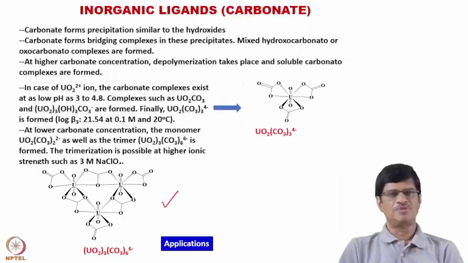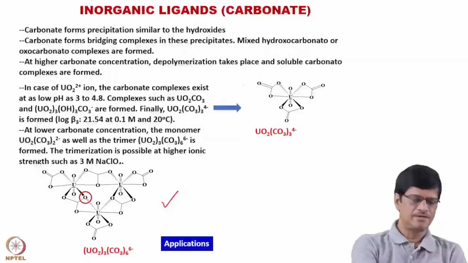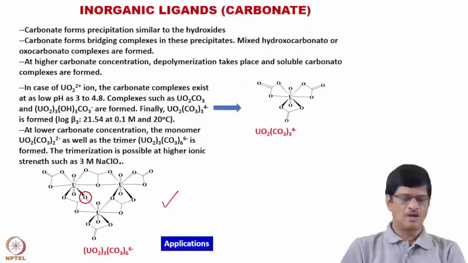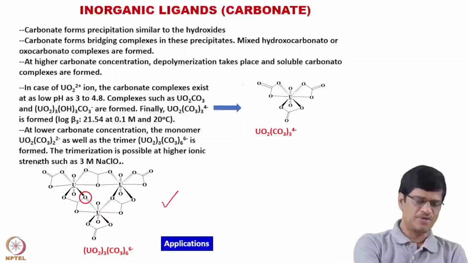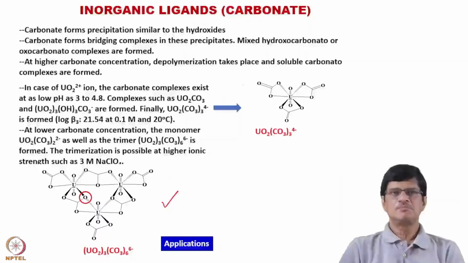The bonds are bridging type. You can see that one of the oxygens of this carbonate is actually shared by this uranium as well as this uranium, and the other two oxygens of the carbonate are binding to the uranium in the monodentate fashion. The same is there for all the three uranium atoms.